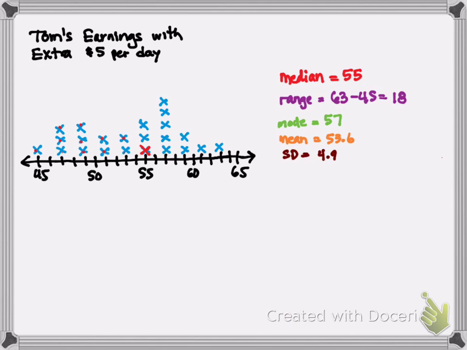So what do you notice about the statistics? Everything but the range and standard deviation jumped up 5 because I added 5 to each. Okay, so mean, median, and mode increased by 5.